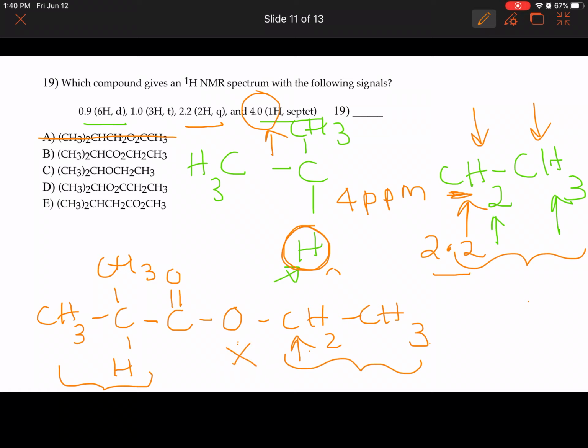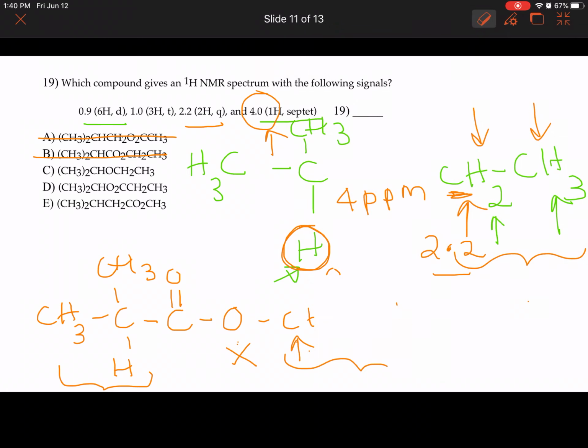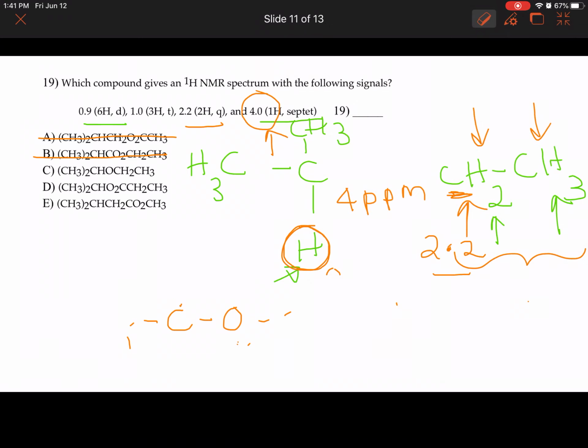But the given data has only 2.2 ppm. So this is not the structure either, even though the pattern is okay. The chemical shift does not match with the drawn molecule. So that is not the structure either. Okay, and then we have the next one.